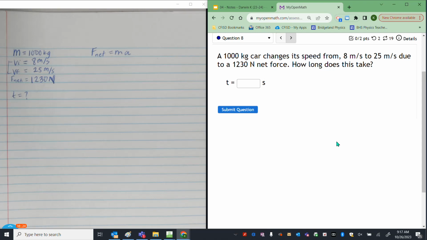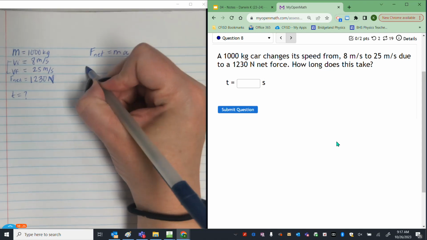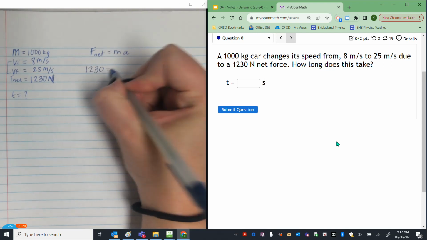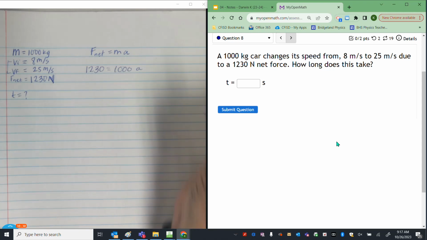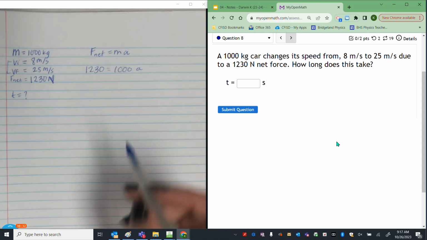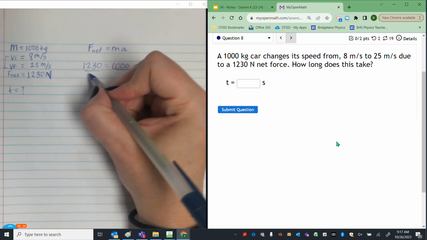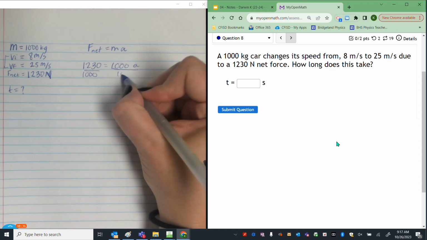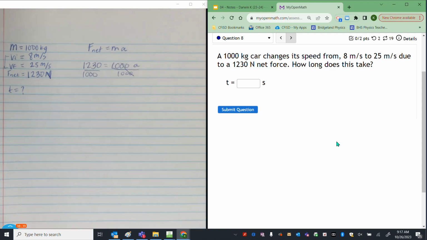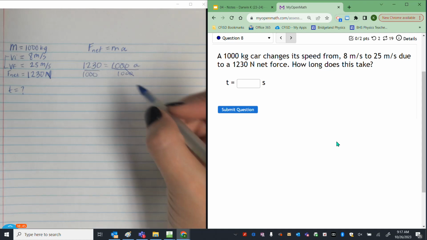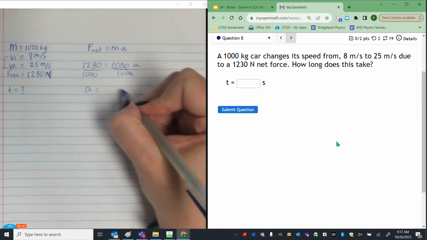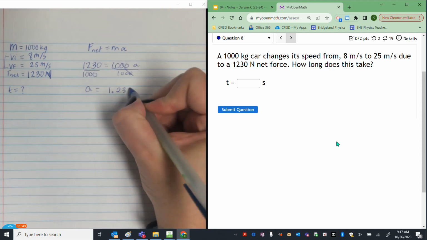So if we want to plug in, we have 1,230 equals 1,000 times A. So we're going to divide both sides by 1,000 to cancel that. And when you divide 1,230 by 1,000, you're going to get 1.23. So the acceleration is 1.23 meters per second squared.